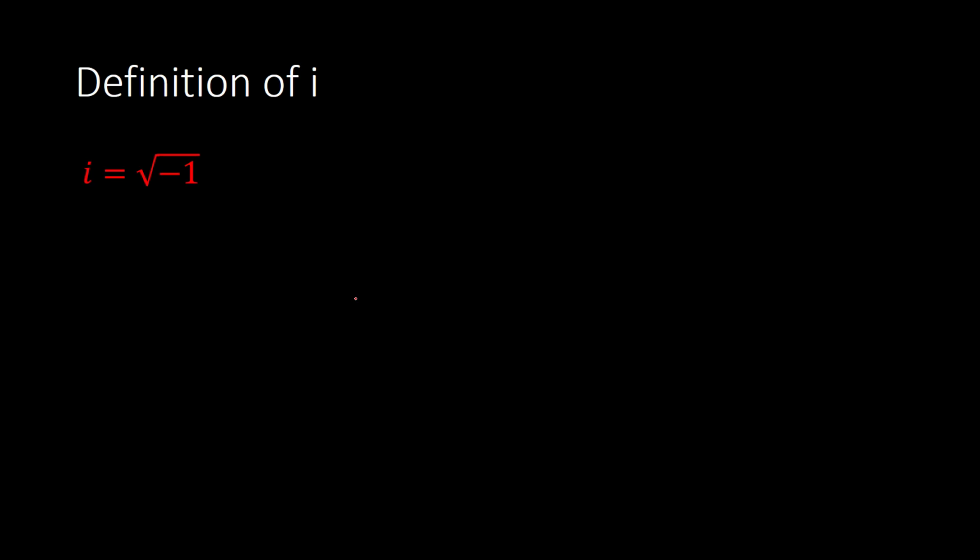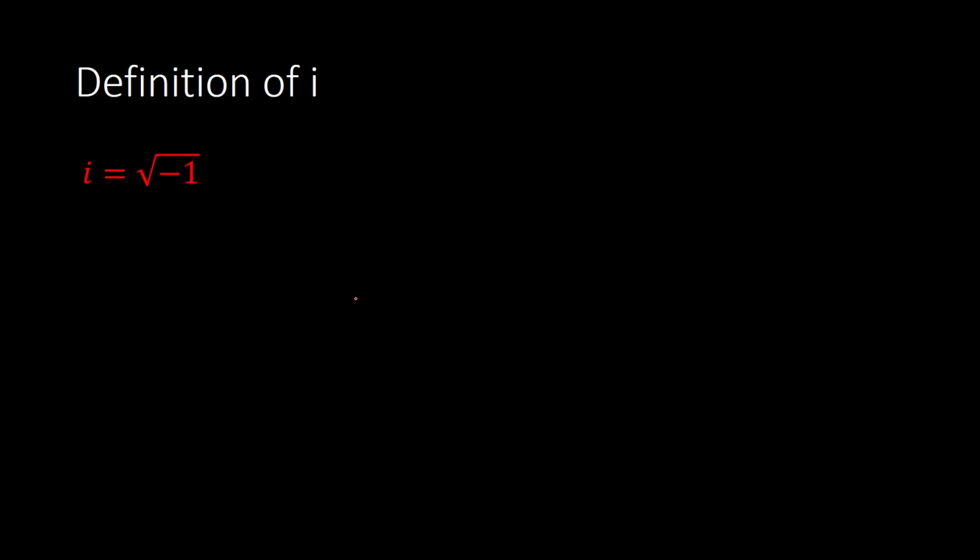This is your fundamental definition of imaginary number. And you need to know this in order to do anything else in this section. If you don't understand this definition, then you will not be able to do the other things throughout this lesson. So commit this to memory. i equals the square root of -1.